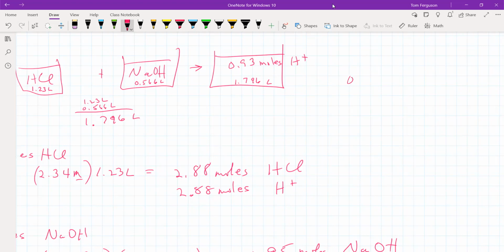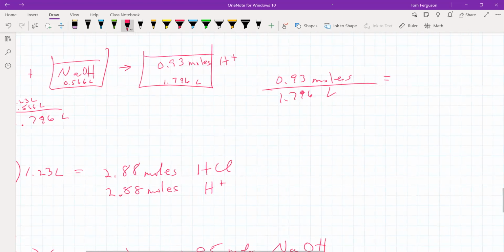Well, we have... Okay, since it's 2 sig figs, the answer is going to be 0.52 molarity of H plus.